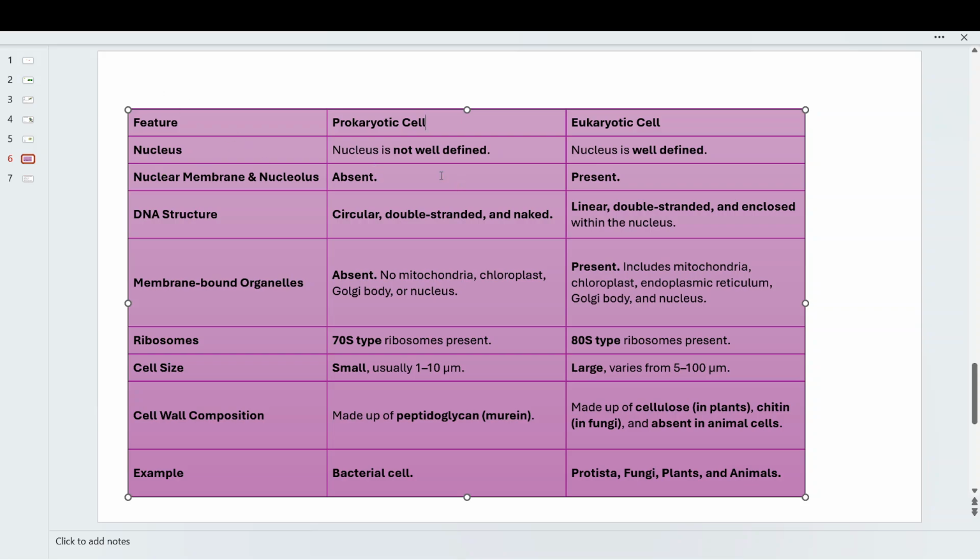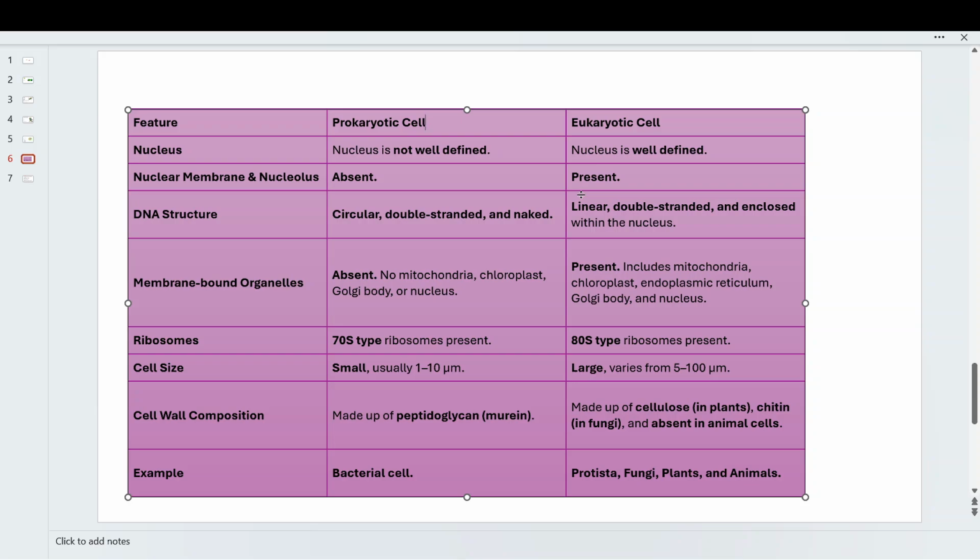In prokaryotic cells, the nucleus is not well defined, and in eukaryotic cells the nucleus has a well-defined shape and genetic material is bounded by the nuclear membrane. In prokaryotic cells, nuclear membrane and nucleolus are absent, but in eukaryotic cells they are present. Basically, eukaryotic cells are highly evolved, advanced cells.